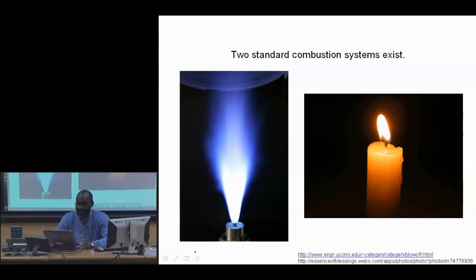Non-premixed flames, a good example is a candle flame. Compression ignition engines typically burn in a non-premixed fashion. Interestingly, I said stationary gas turbines burn in a premixed fashion, but propulsion gas turbines, so what you might have in a jet engine, will burn in a non-premixed fashion.